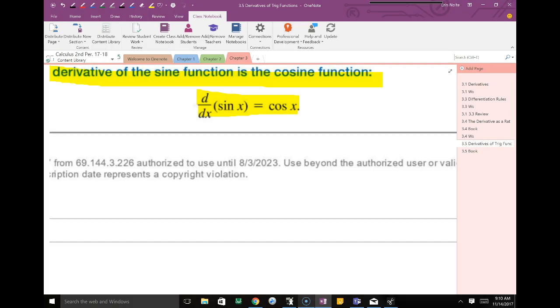So we're going to have the derivative of sine is equal to cosine. I would write that down. Derivative of sine is cosine. So it's the same equation. So cosine equals sine. Almost. Not exactly though.